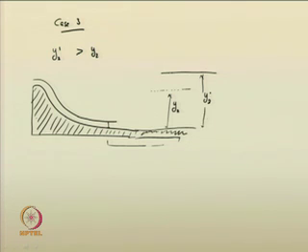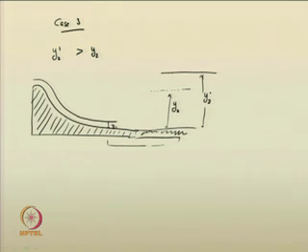Now, y 2 dash is greater than y 2. So, how will the jump occur, whether it will occur at this location. Now, you will see that depth y 1 and its sequent depth y 2 have the same specific forces, but y 2 dash is more. So, it is having more specific force in that location.